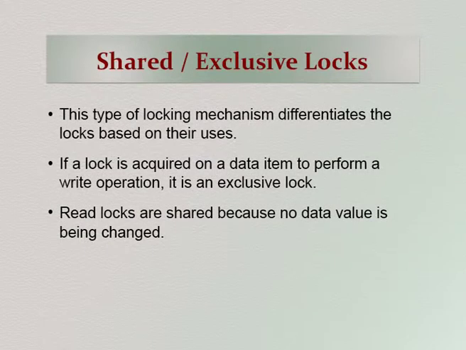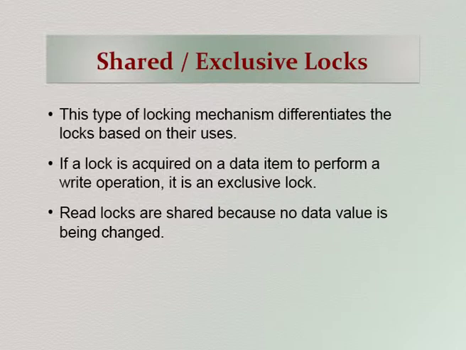So, the next category of locks is the shared and exclusive locks. This type of locking mechanism differentiates the locks based on their uses. If a lock is acquired on a data item to perform a write operation, it is an exclusive lock. No other transaction will be given the exclusive lock on the same data item until the first transaction is completed.